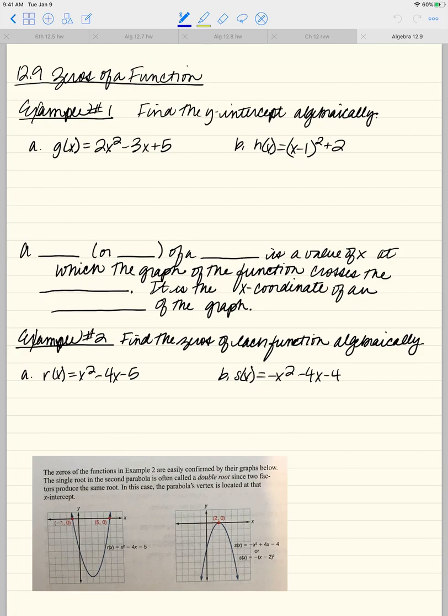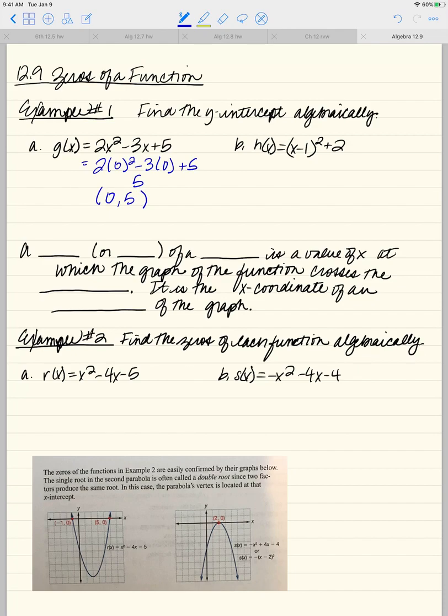How do we find the y-intercept? Well, we set x equal to 0. So relatively simple: 2 times 0 squared minus 3 times 0 plus 5. That's obviously going to be 5. So what that tells us is when x is 0, y is 5. There's our y-intercept, okay?